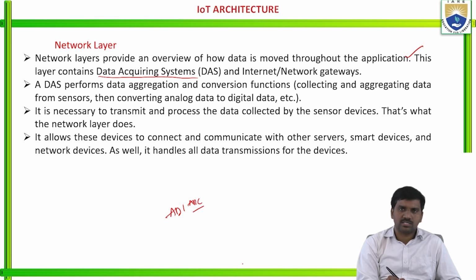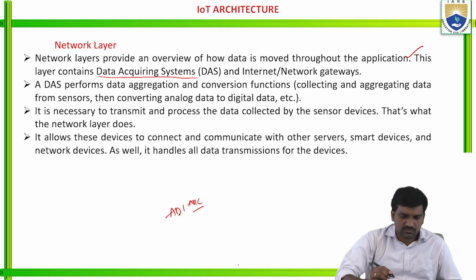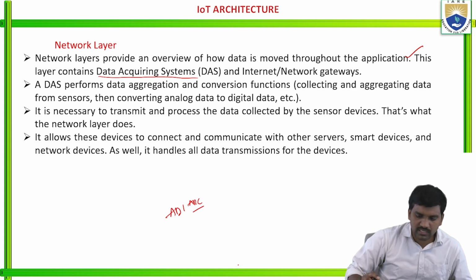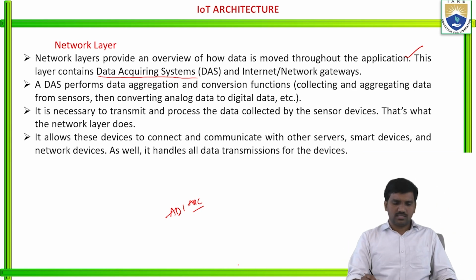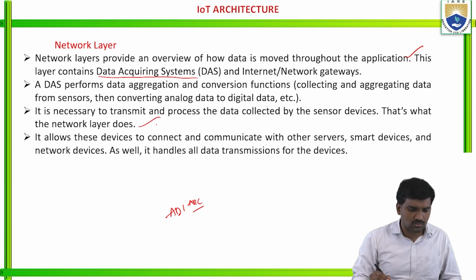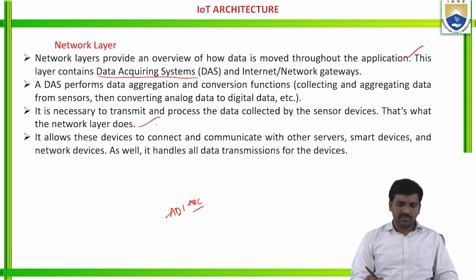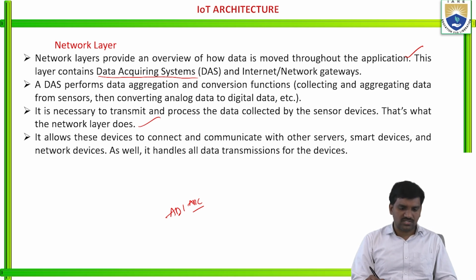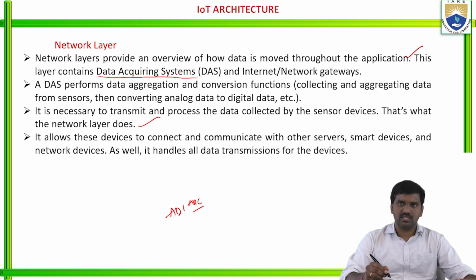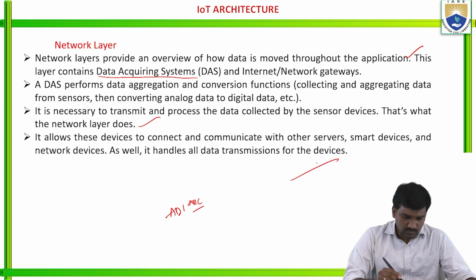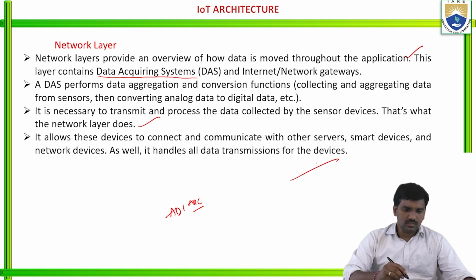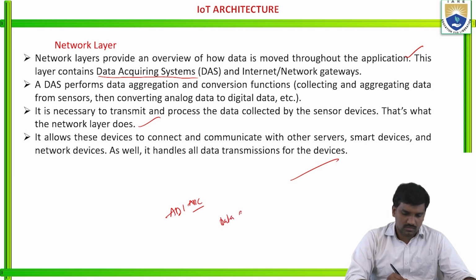This is necessary to transmit and process the data collected by the sensor devices. That's why the network layer does this. It allows devices to connect and communicate with other servers, smart devices and network devices, and it handles all the transmission for the devices. This is about the network layer and the data acquisition systems.